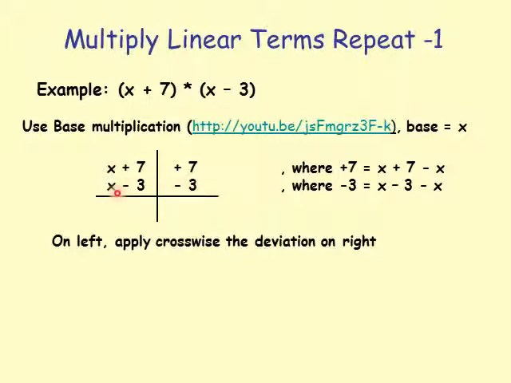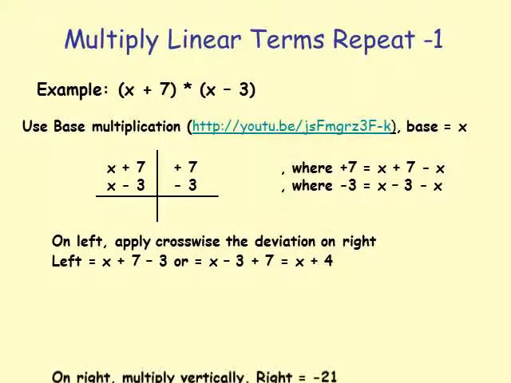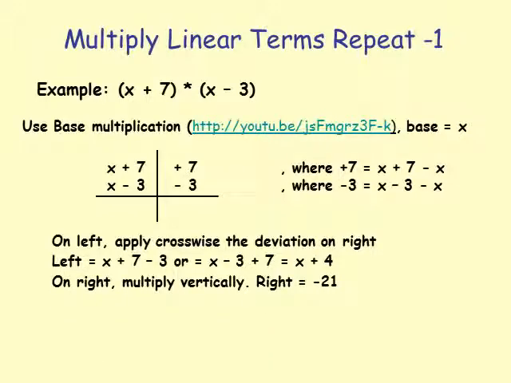The right side is what I call deviations in that video I mentioned. So I applied the cross deviations, x minus 3 plus 7, or x plus 7 minus 3, which is x plus 4. Okay, let's continue.